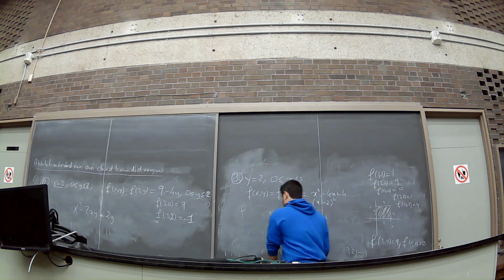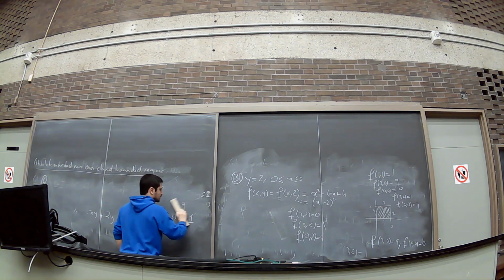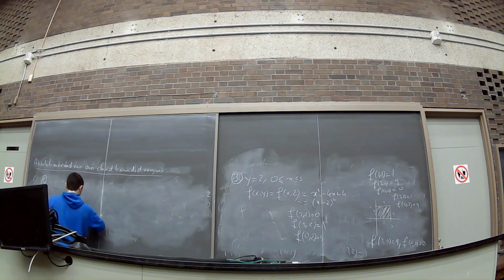So what line do we have left? We have the fourth line. How can you characterize the fourth line? What is the value of x? X is equal to 0, and y is between 0 and 2. f(x,y) here, what is it equal to? It's x squared minus 2xy plus 2y.